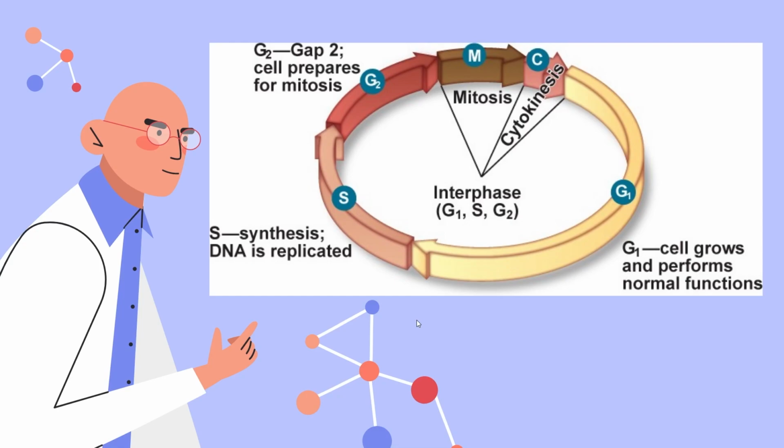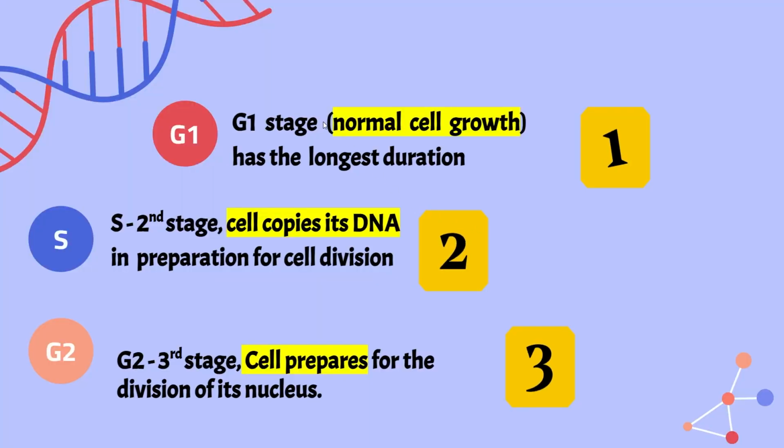Interphase is the longest part of the cell cycle and is comprised of 3 stages, G1, synthesis, and G2. G1 and G2 stand for gap 1 and gap 2. In G1, the cell functions normally. It grows, it does all its needed functions to survive, and it is the longest stage.